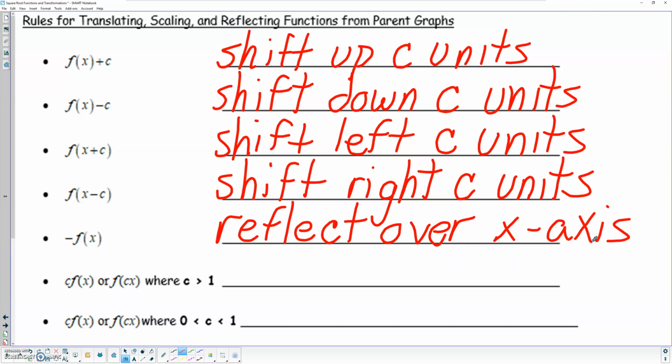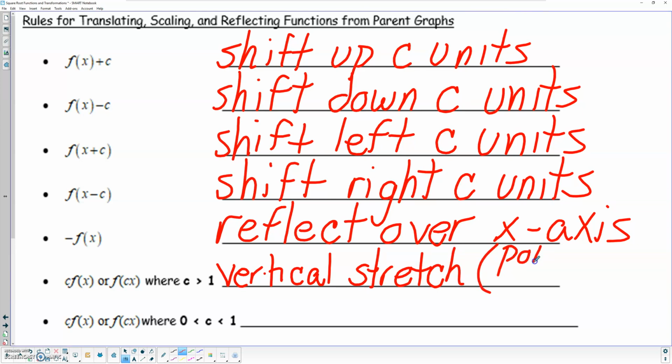Okay, when you multiply by a number greater than 1, we call that a vertical stretch. So that's when the points get closer to the y-axis. So that's when your graph gets skinnier.